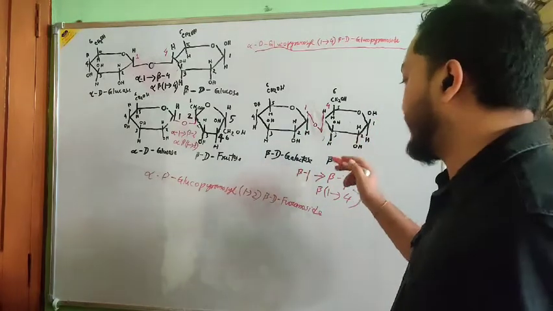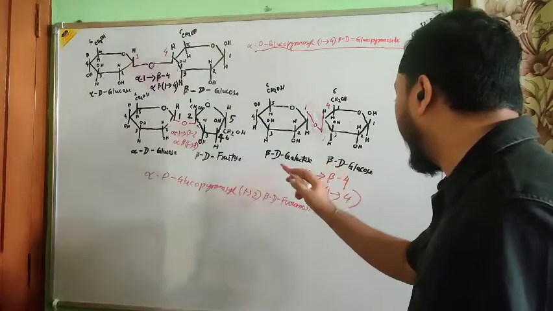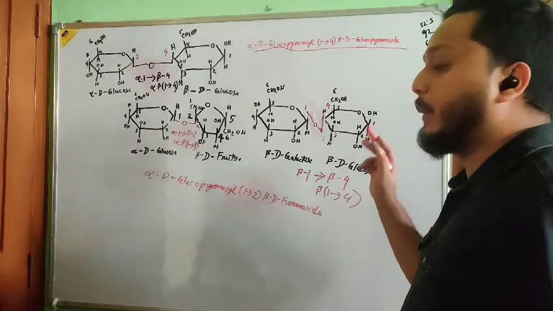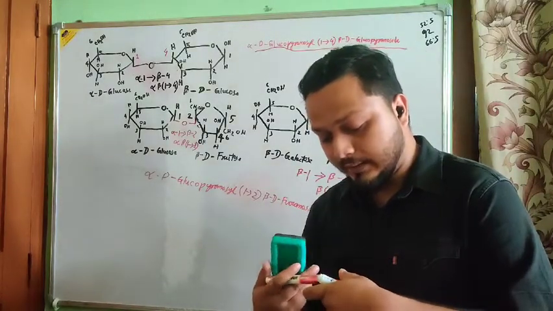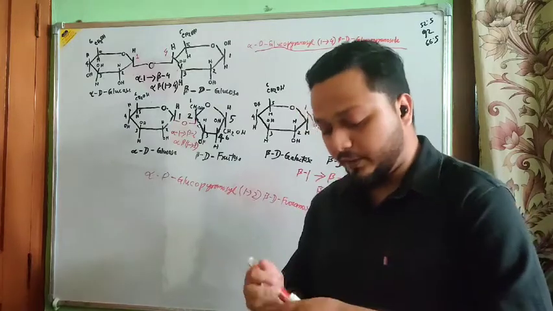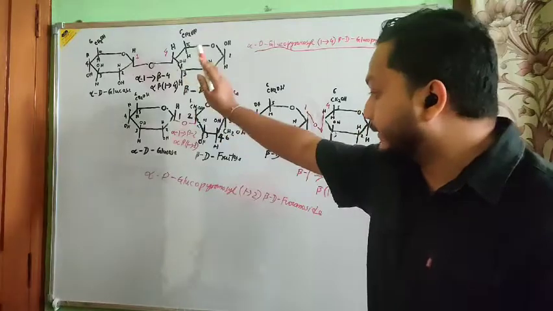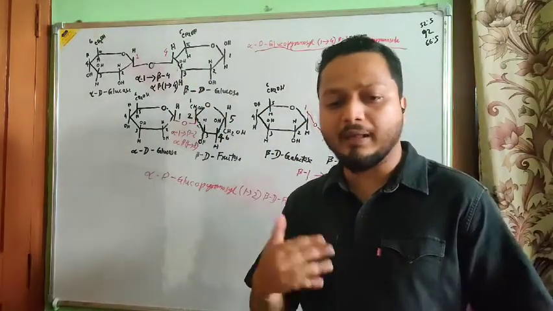I will not write this time, read it with this one. Beta D galactopyranosyl 1 to 4 beta D glucopyranoside. Let us discuss few important informations from exam point of view regarding this maltose, sucrose and lactose.